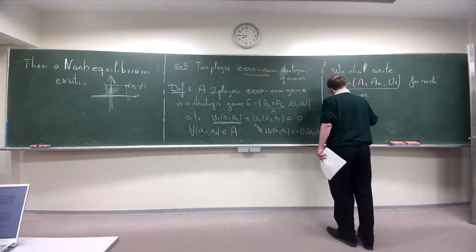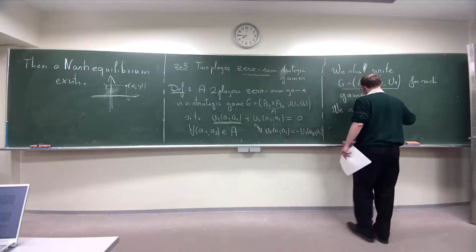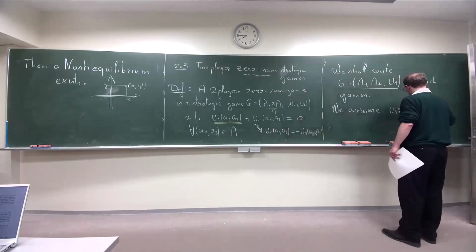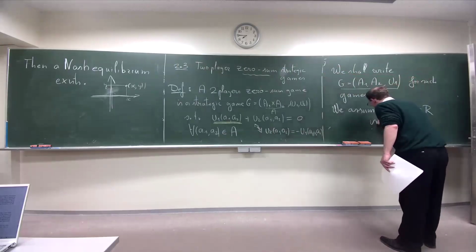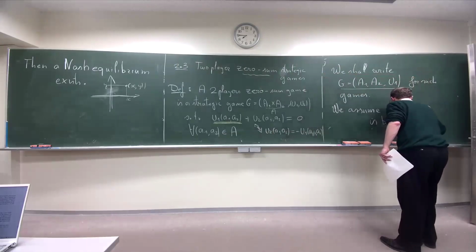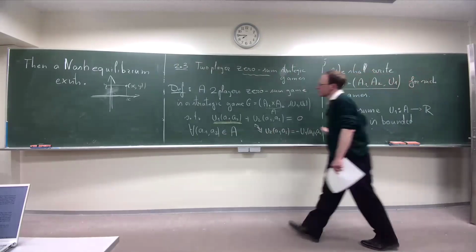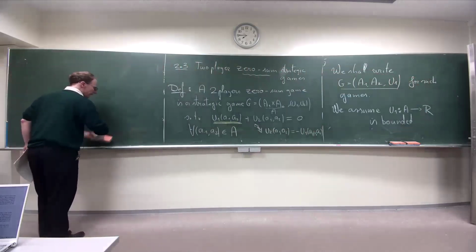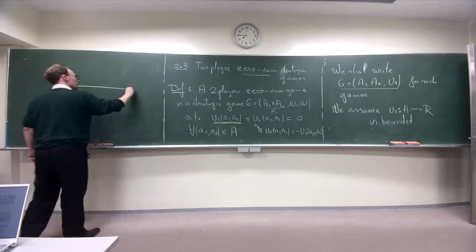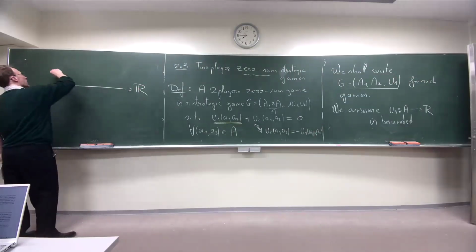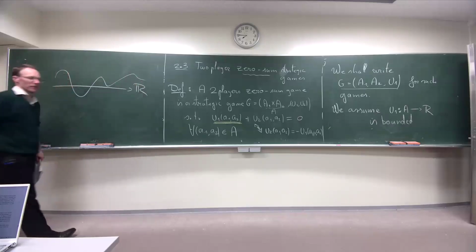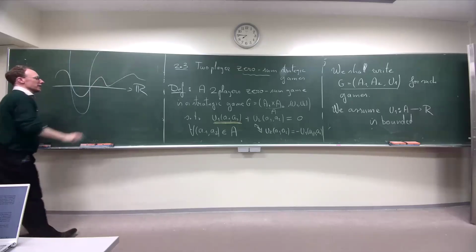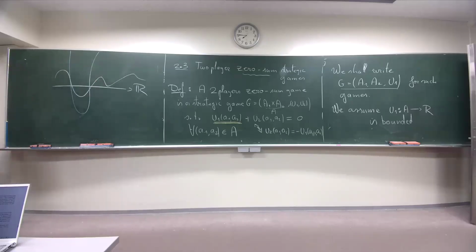And for the next definition, we assume, which is natural, U1 from A to R is bounded. What is a bounded function? You probably know what it is. Let me draw just a picture on one line. If I take the real line R, if I draw a function like this, it's going to be bounded. If I draw a function like this, going to infinity, it's not bounded.